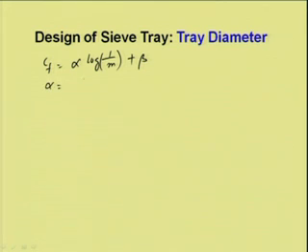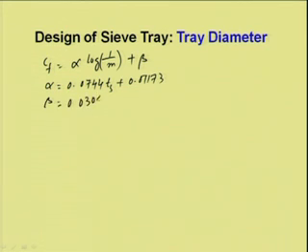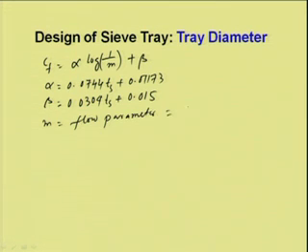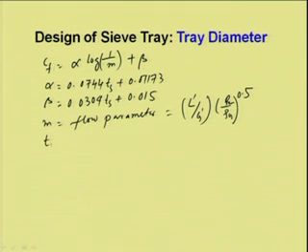Alpha is equal to 0.0744 T_S plus 0.1173, and beta is 0.0304 T_S plus 0.015, and m is equal to the flow parameter, which is equal to L' by G' into (rho_L by rho_G) to the power 0.5, and T_S is the tray spacing in meter.